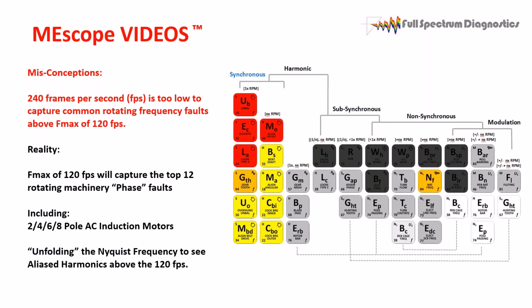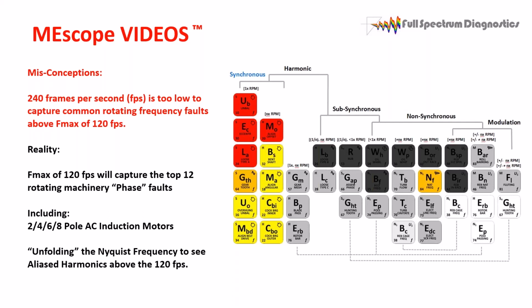So we have 240 frames per second. We're not using it all. We convert that to the frequency spectrum, and we lose half of our sample rate. So we go from 240 to 120. That's frames per second. So a 2-pole motor is about 3,600 CPM, just under that.